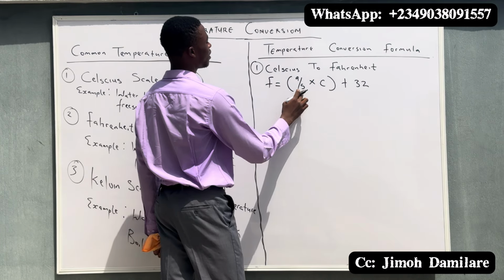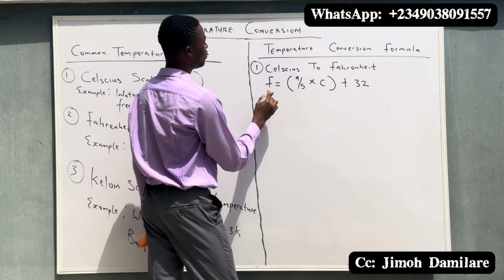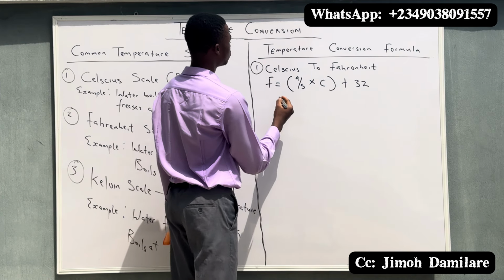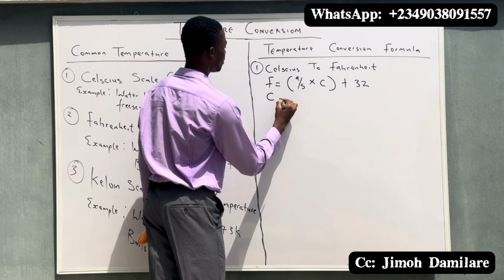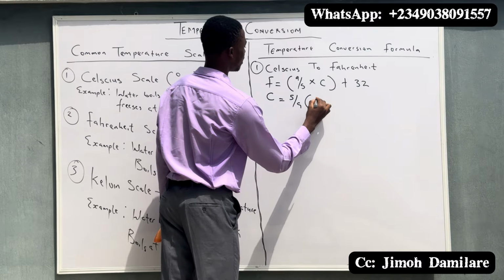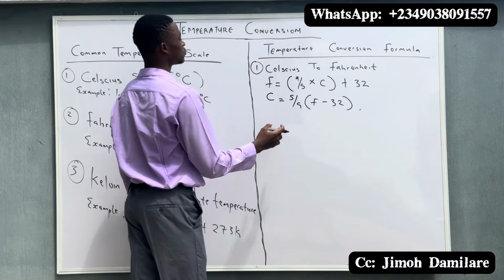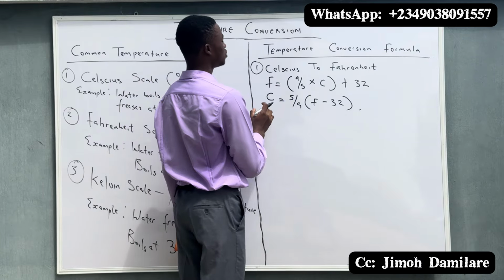So 9 divided by 5 multiplied by the Celsius plus 32 will give us Fahrenheit. And in order to convert Fahrenheit to Celsius, Celsius is given as 5 over 9 multiplied by F minus 32.